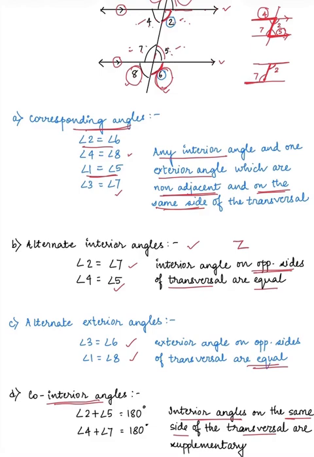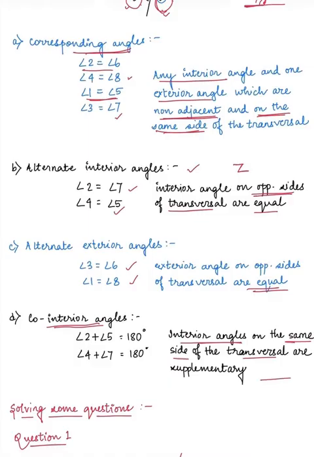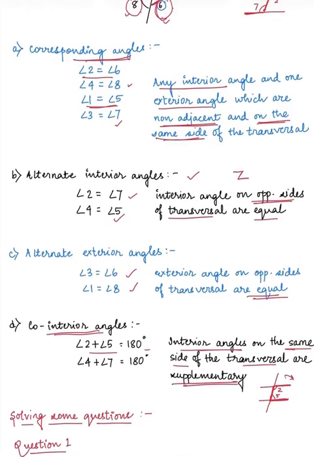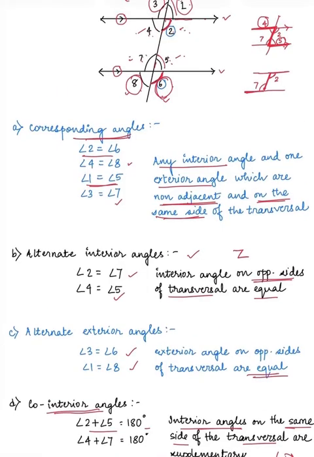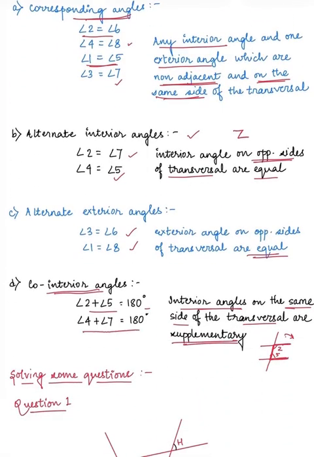So if these are the two parallels and this is the transversal, then this was angle 2, this was angle 5. They are on the same side of the transversal and they are interior angles. So these will be supplementary. So 2 plus 5 will be 180 degrees, and similarly 4 plus 7 will also be 180 degrees.